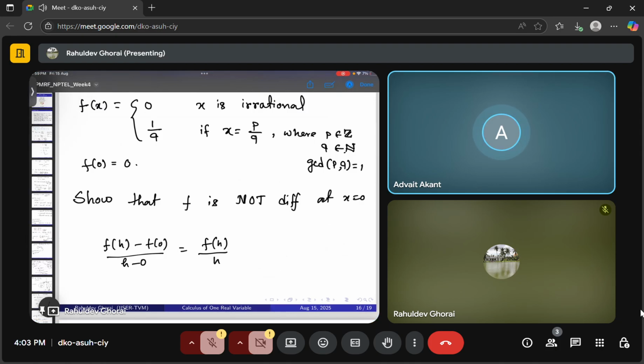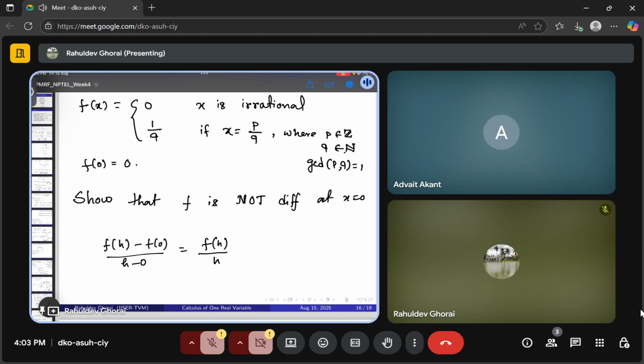But gcd of 0 and 2 is 2, but gcd of 0 and 1 is 1. Okay, so that case also. Let's check with the question. It is given like this: p belongs to Z, q belongs to N.